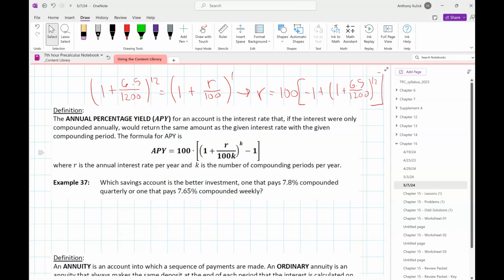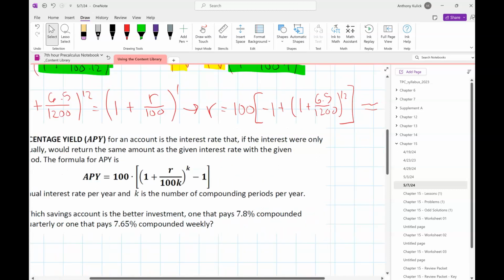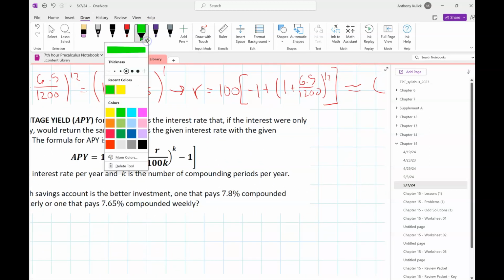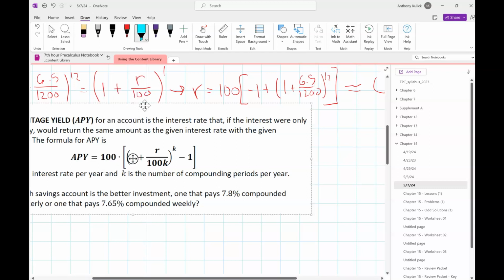Is everybody okay with this idea? So our conversion to APY, look at what it is. Look at this formula and look at what we did.